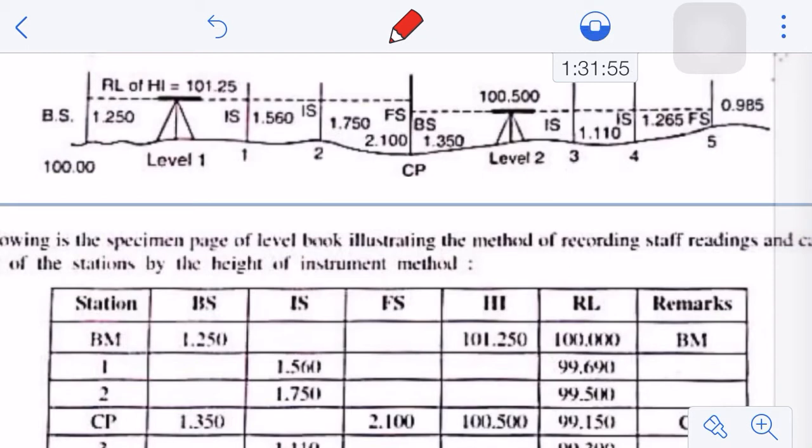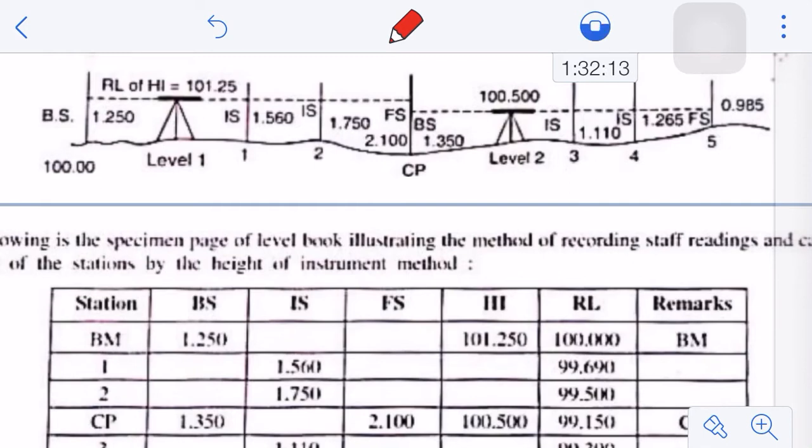Now you will turn your telescope, you will try to bisect your station 1, station 2, and then you will shift your instrument from the level 1 to the level 2 position. So now you have bisected your station 1 and the reading is coming as 1.560.